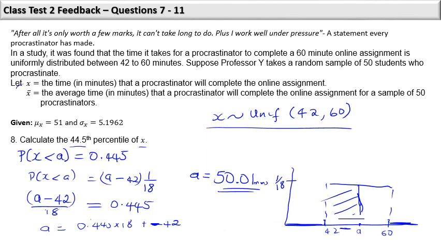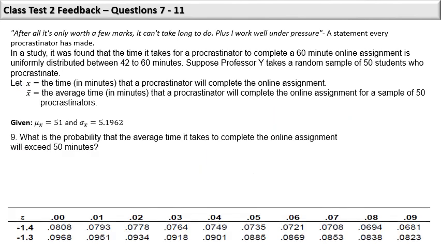Now let's see what the next question wants from us. Oh, now it is saying, what is the probability that the average time it takes to complete this online assessment will exceed 50. Now the question is, which variable are we dealing with? We are dealing with the average time. So in this case, you will agree with me that the average time is x bar, and we have derived in the previous question the distribution of x bar.